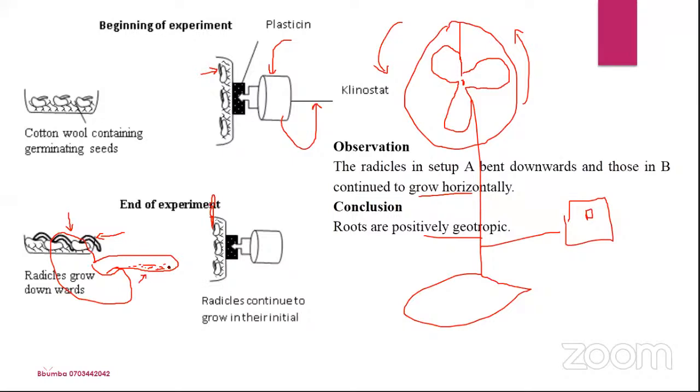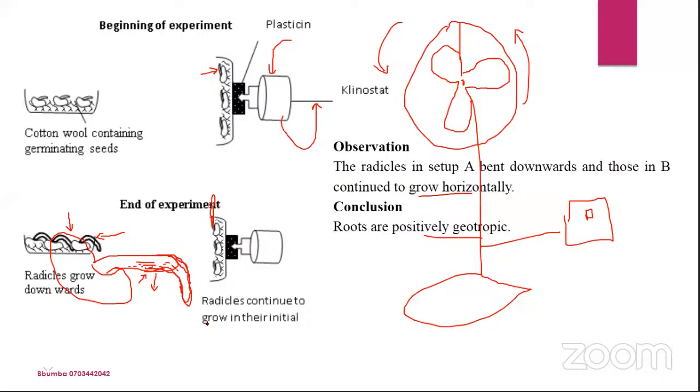So this upper part is going to begin growing faster than this one, and so the root is going to bend down like that, because auxins are pulled down by gravity, and they make these lower cells not grow so much, but the upper cells grow more, though they're all in the same root. Because these upper cells grow and elongate more than these lower cells, that is what makes the root bend downward.